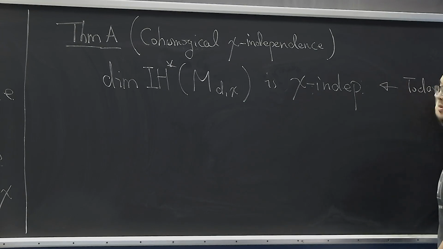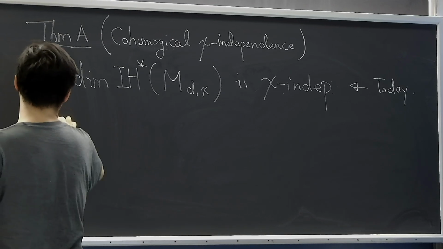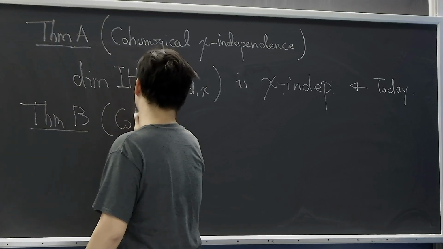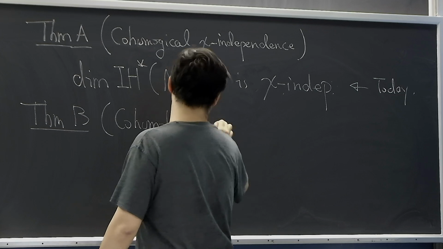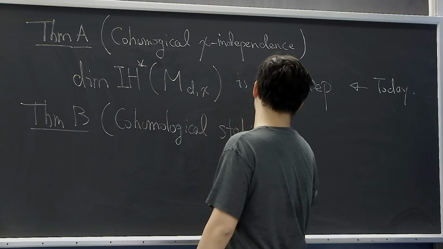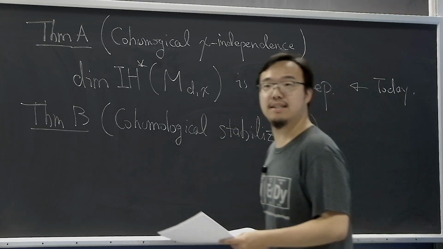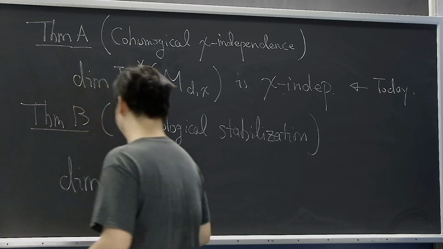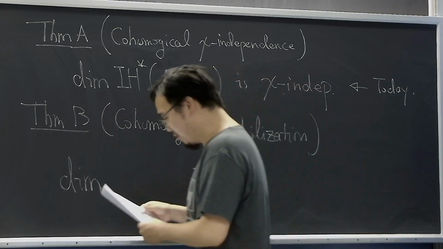I'll explain how to deduce this from the Ngo support theorem. And then the next theorem, which we call cohomological stabilization, says that, now using what we have after four lectures and Camilla's exercise session, I can state it in a more precise form.